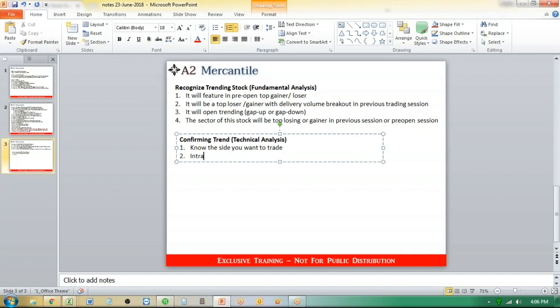you will do it from an intraday perspective. Okay, that is on opening analysis of the market and stock.